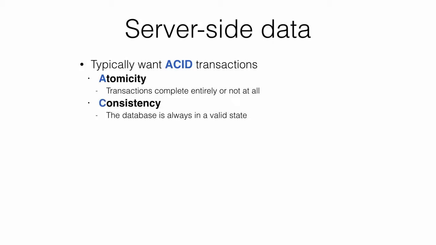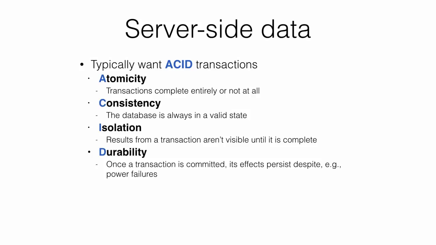Consistency means that the database is always in a valid state. That is, as far as other concurrent queriers of the database are concerned, all of the data in the database is in the state that you expect. Intermediate states of transactions, like I've withdrawn the money from one account but not yet put it in the next account, should not be visible. Isolation basically says the results of a transaction aren't visible until an atomic operation completes. And finally, durability.